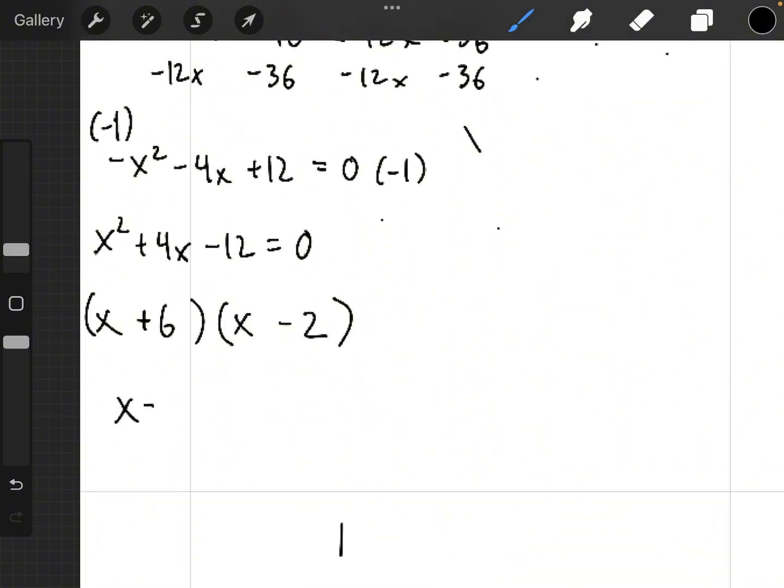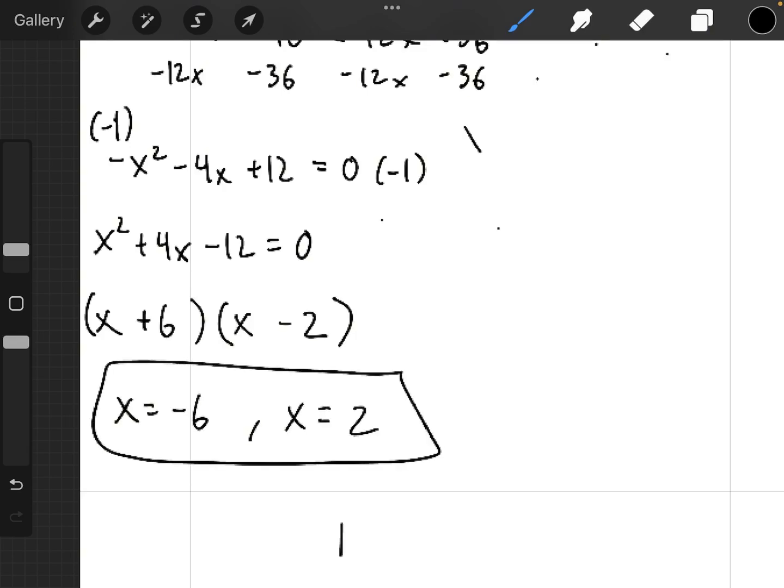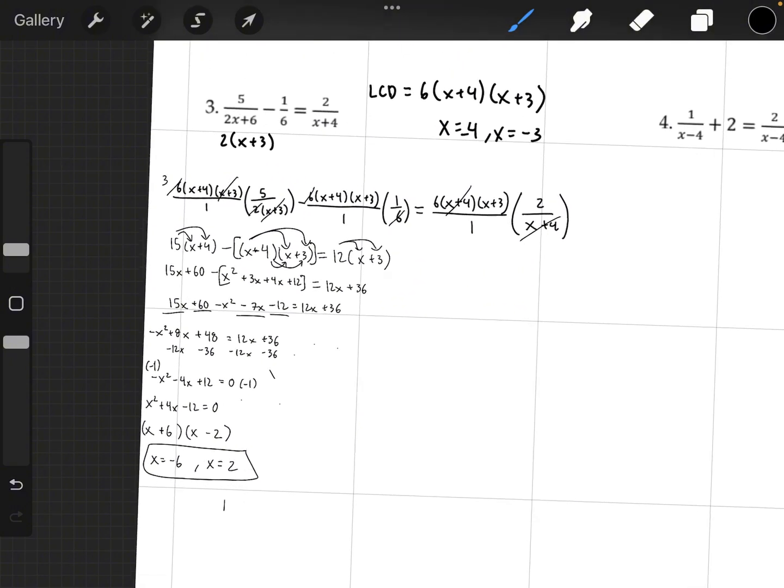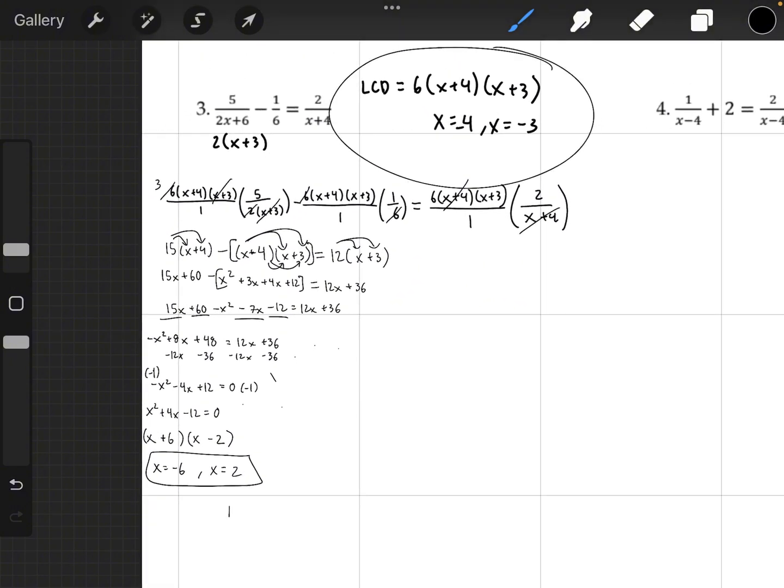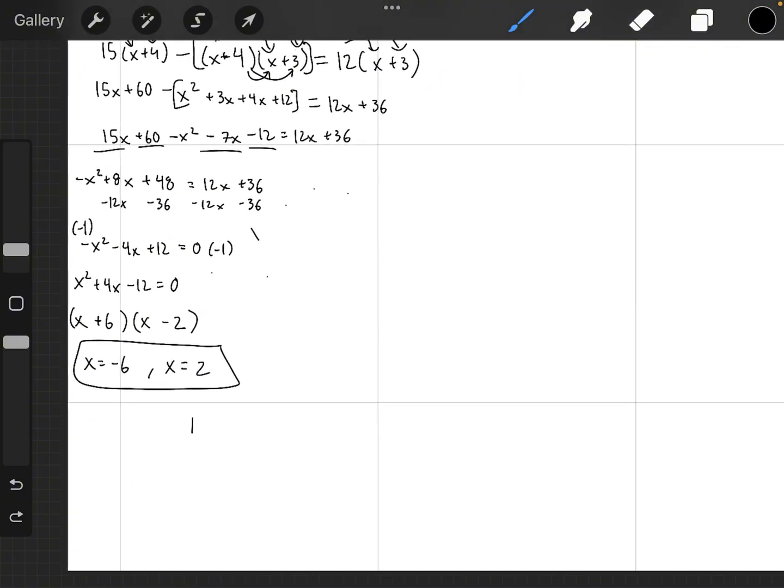So now x equals negative 6 and x equals 2. If any of these were our excluded solutions, we cross them out, but luckily they are not, so these are the proper solutions.